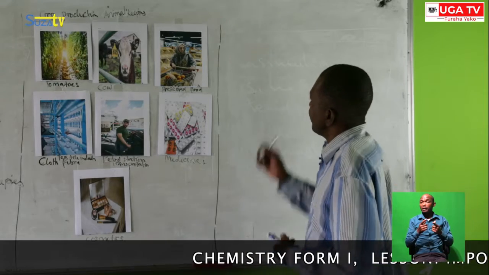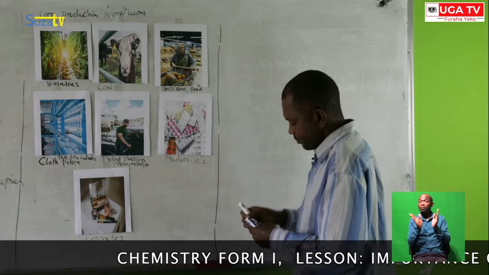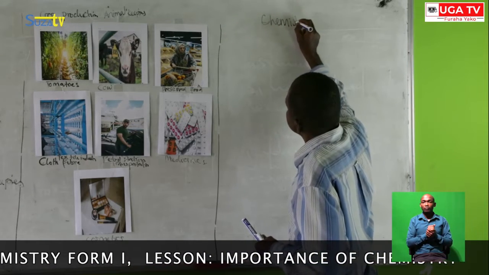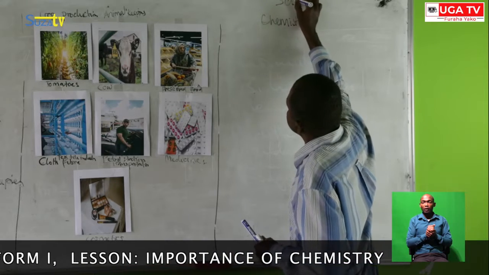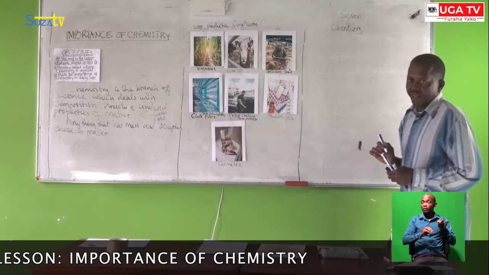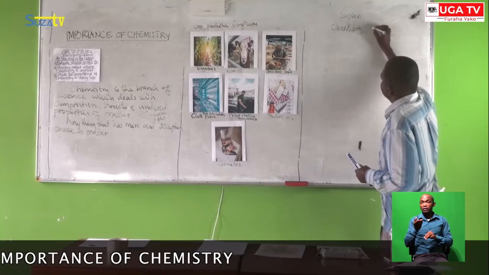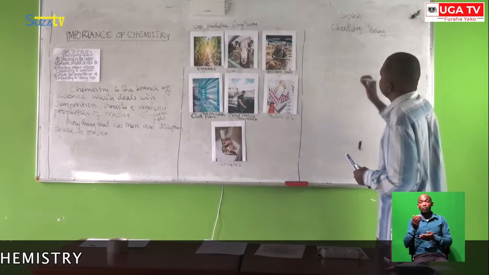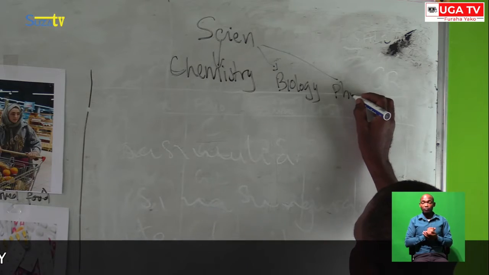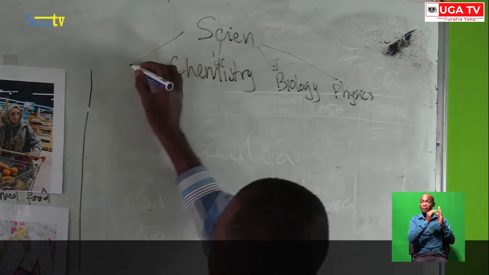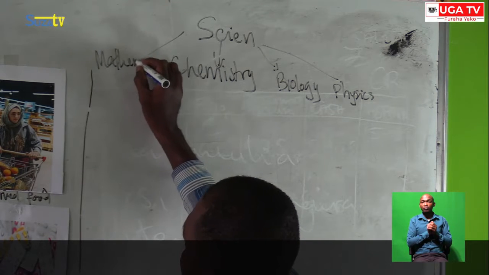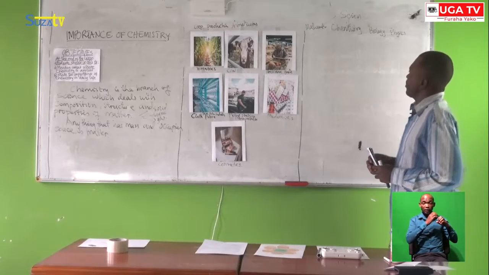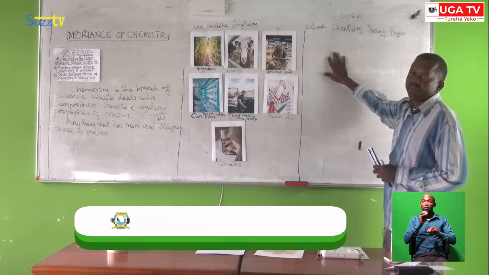But chemistry itself, as a branch of science, we have chemistry and other subjects like biology, another one, physics, mathematics. These are other science subjects. But chemistry itself has sub-branches.